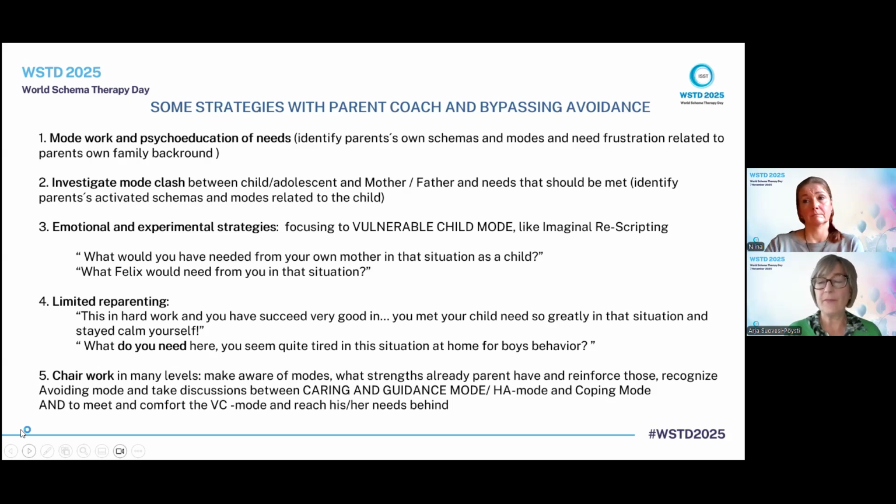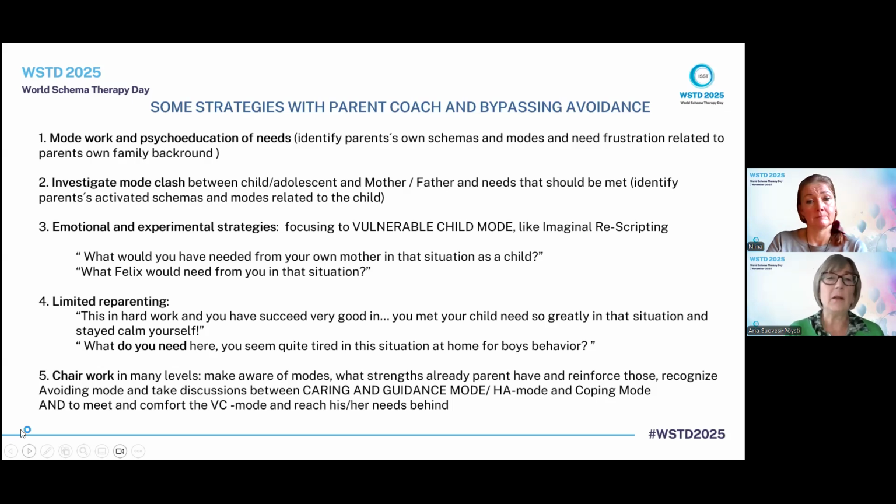And chair work, I use that a lot. And I think we can use chair work on many levels. We can use chair work on a more cognitive level, to make a parent more aware of his or her modes. But we also want to reinforce the parents' strengths and resources.